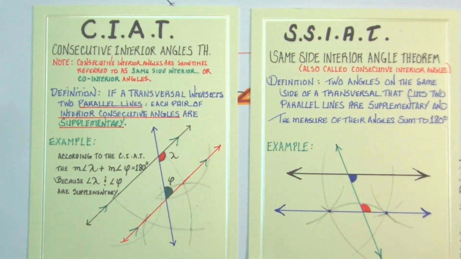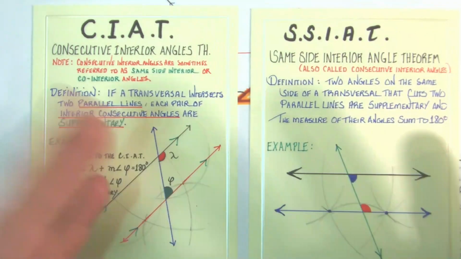All right, if a transversal intersects or cuts two parallel lines, each pair of interior consecutive angles are supplementary. So if you already know that supplementary equals 180, then they add to 180, then you can see that both of these cards are basically the same, right? Since it even says in SSIAT, same side interior angles are also called consecutive interior angles. So yeah, these cards are identical in what they're defining. So I'm going to go with consecutive interior angles.